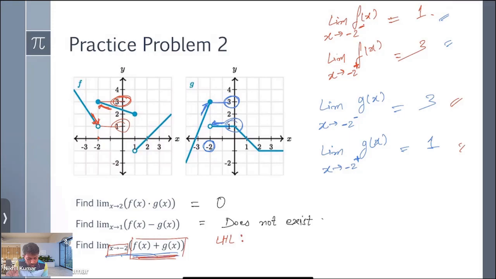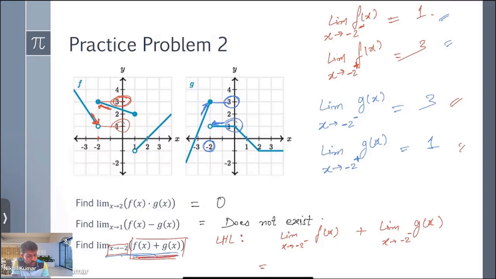Left hand limit of this combination would be limit x tending to minus 2 from the left hand side f of x plus limit of g of x. I've used the property already to find the left hand limit.